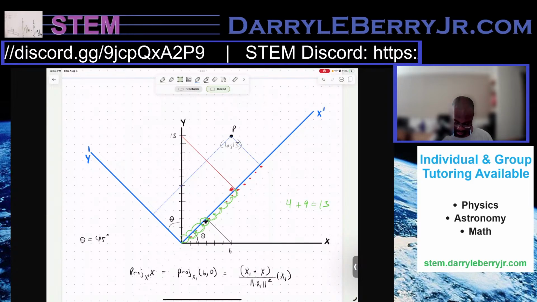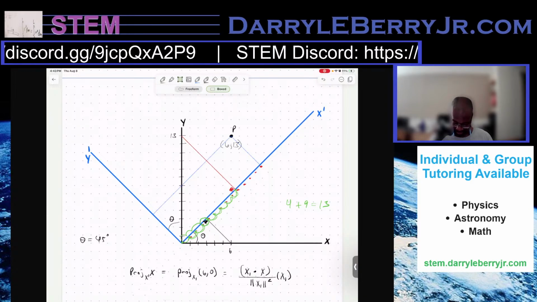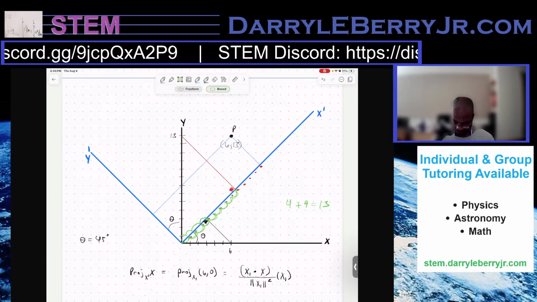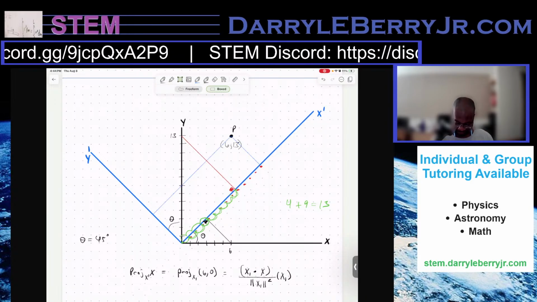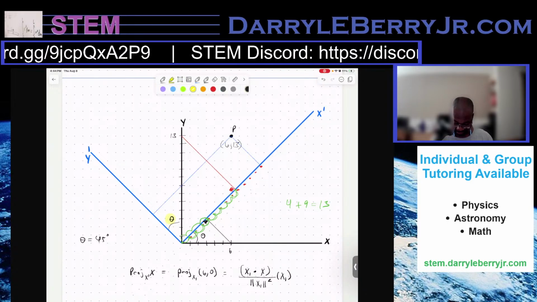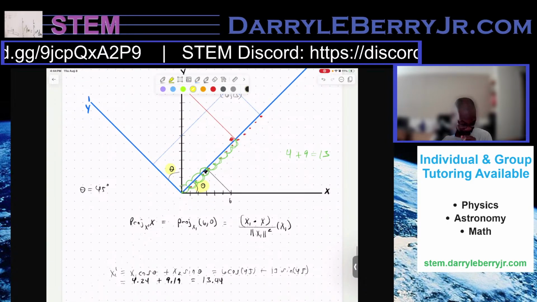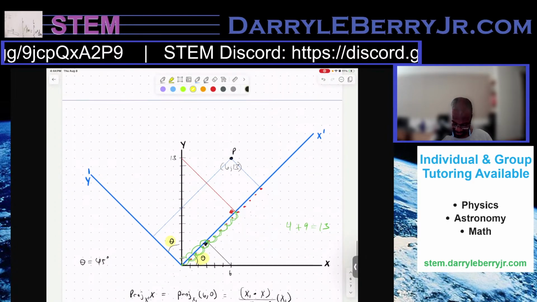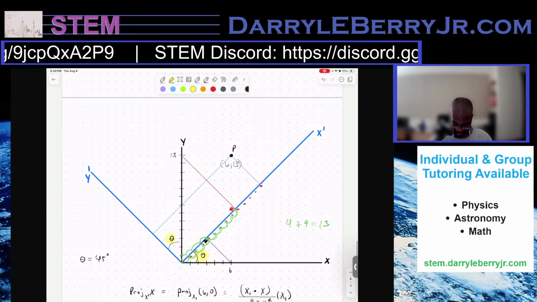We're going to determine the coordinates in the rotated frame. So I rotated the frame 45 degrees for convenience. So theta is 45 degrees, which is this theta here. And I was thinking of what to do about the prime frame coordinates.